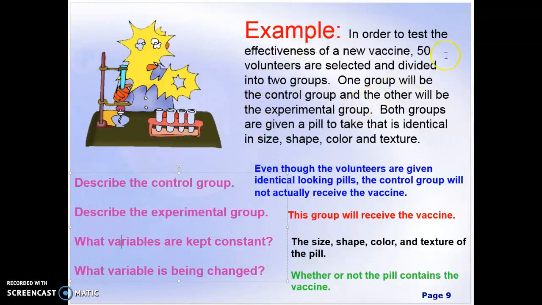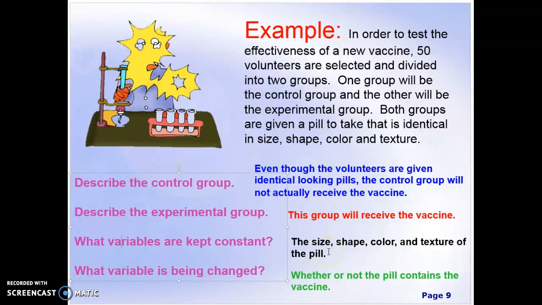So here's an example. Say we have 50 volunteers, and we want to test the effectiveness of a vaccine. One group would be the control group, and one group would be the experimental group. The control group would be handed a pill that looks exactly the same as the experimental group's pill. The constants are the size, the shape, the color, the texture.